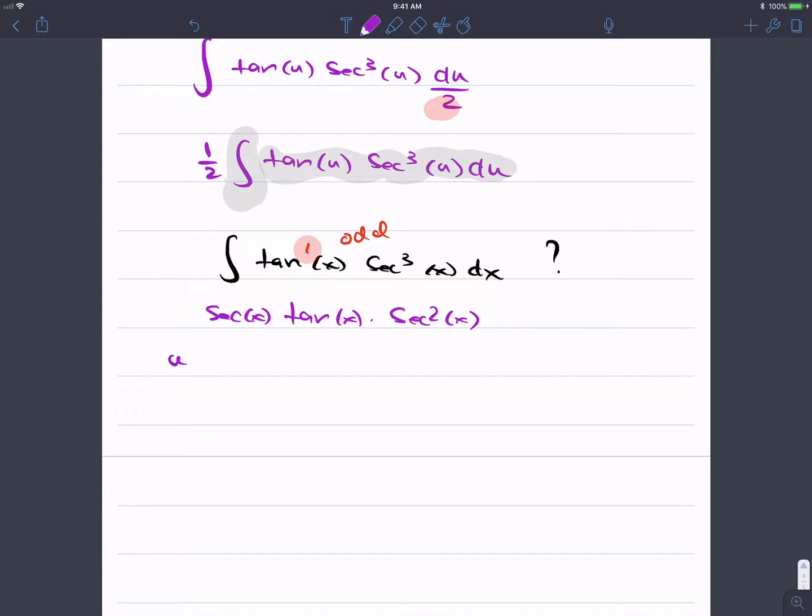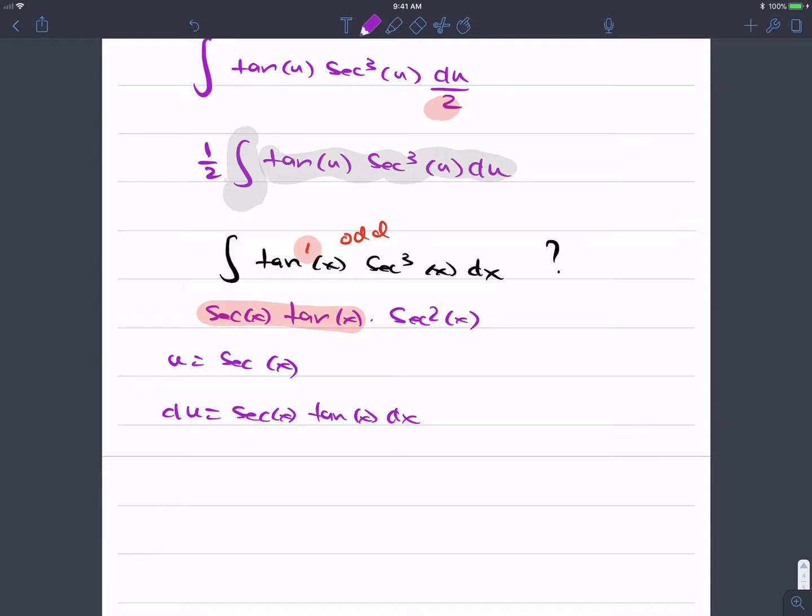U again is secant, and du will be secant tangent dx. So my secant tangent, that's going to be part of my du.